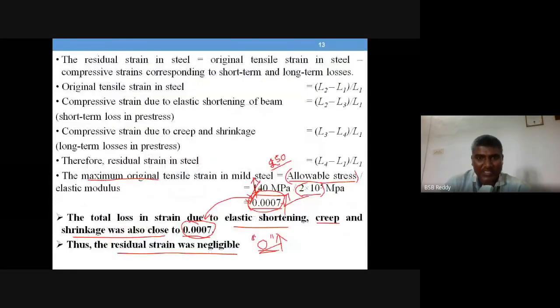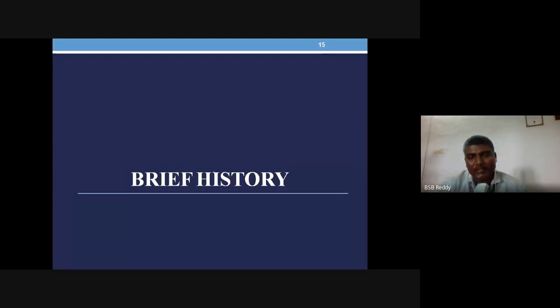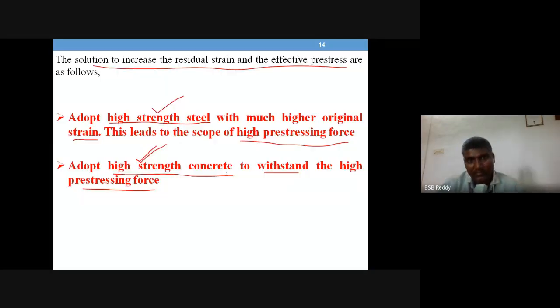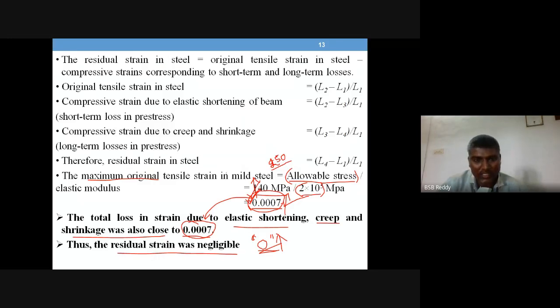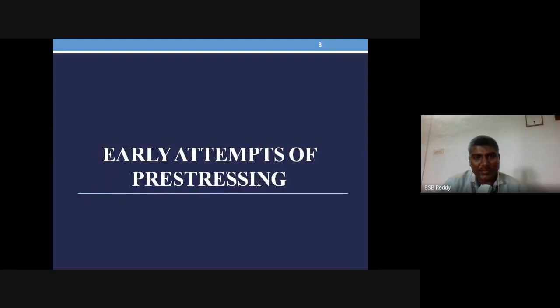And that is not what is expected. Hence, the need for high strength steel and high strength concrete is mandated. Okay, so this is what is required with the early attempts of pre-stress that we could find.